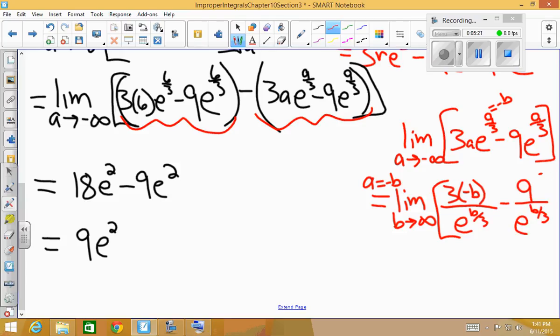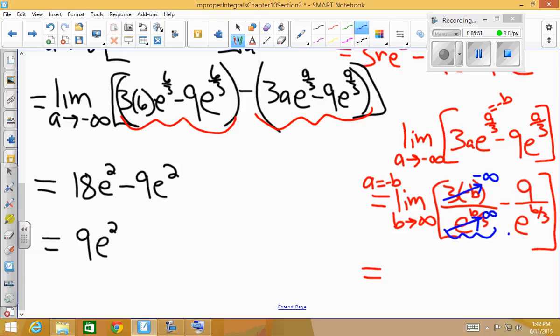In this way, we're now able to take the limit as the variable is approaching positive infinity, which sometimes is a little more clear what's happening. If b gets closer to positive infinity, then 3 times negative b gets closer to negative infinity. e to the b over 3 is going to get closer to positive infinity, so this first term becomes an indeterminate form. Let's deal with that in a moment.